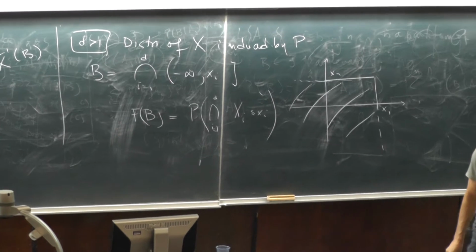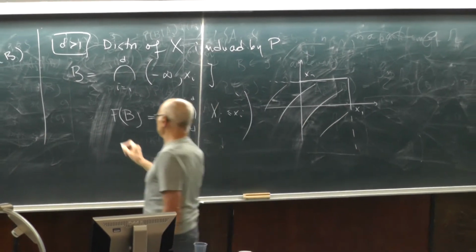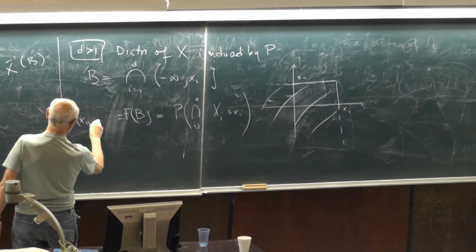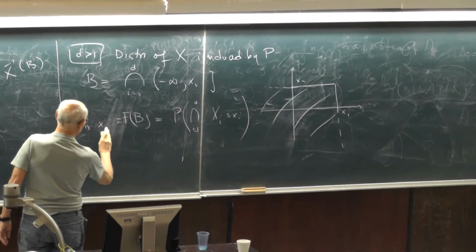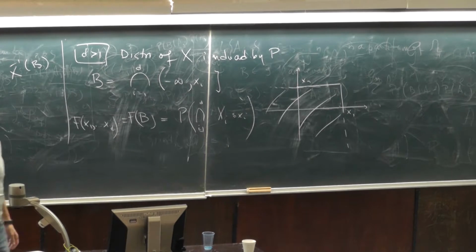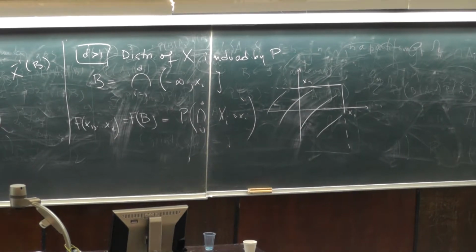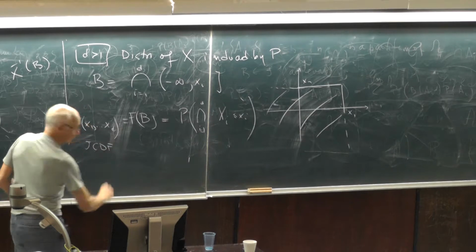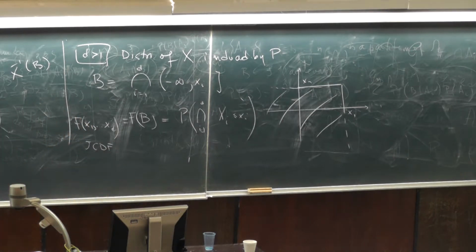And our standard notation for this is F of x1 up to xd. And we call it the joint CDF. Okay?